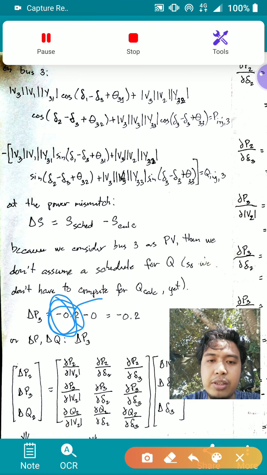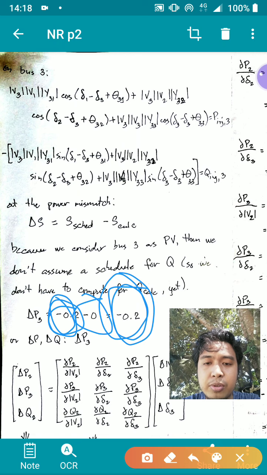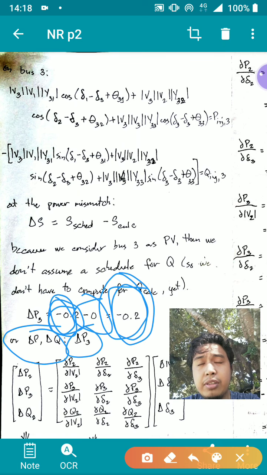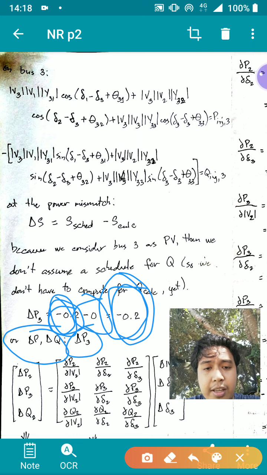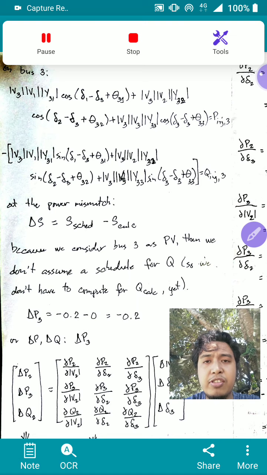Our calculated value is 0, so your delta P3 is negative 0.2. So on delta P and delta Q you only have delta P3, delta P for PV buses. So we're done with all of the buses. We have bus 2 and bus 3.